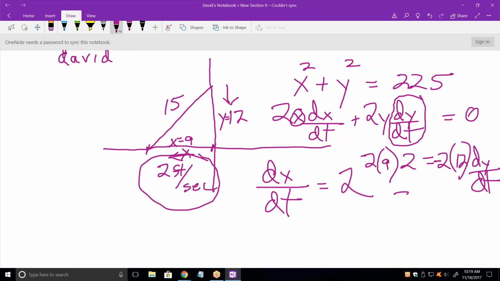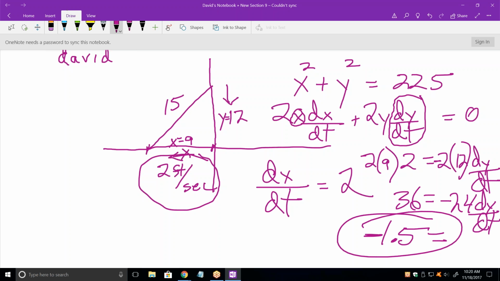I have 36 equals minus 24 dy/dt. So dy/dt equals minus 1.5. Is that the correct sign? Yeah, because y is getting shorter. Exactly. That is the classic related rate problem.